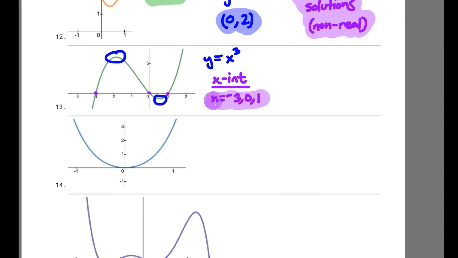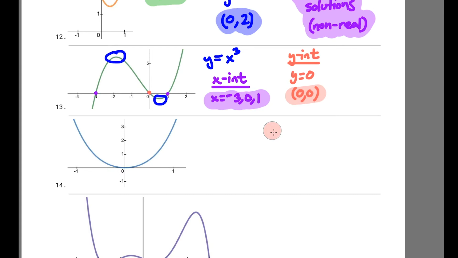I'm just going to keep it like this for the x-intercepts. The y-intercepts, there can only be 1, and it's just going to be at 0 as well, so we're just going to write y equals 0. And if you wanted to, you can write 0, 0. Doesn't really matter how you write your answer for the y-intercept.